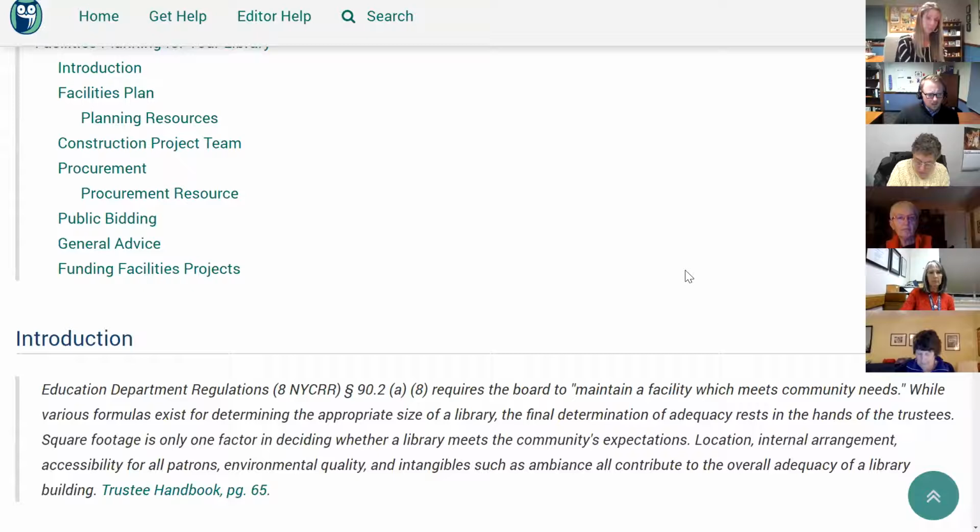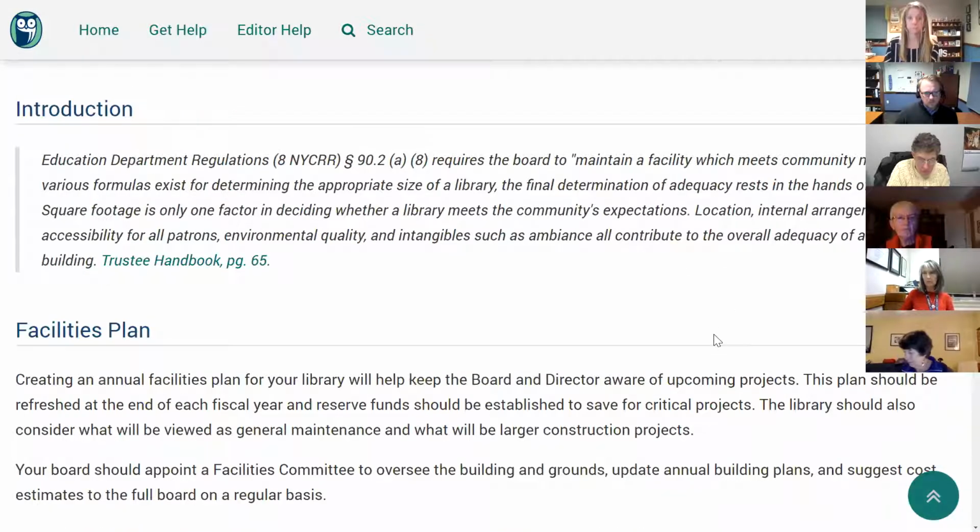So when it comes to facilities planning, you as trustees are required to maintain a facility which meets community needs. While various formulas exist for determining the appropriate size of the library, the final determination of adequacy rests in the hands of the trustees.